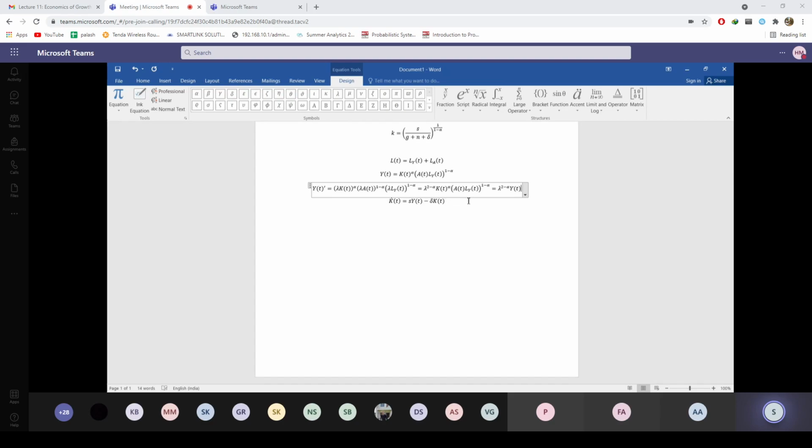So W into L plus R into K equals marginal productivity of labor into L plus marginal productivity of capital into K equals Y. This is what we got. But if it is an increasing return to scale production function, what is the implication?